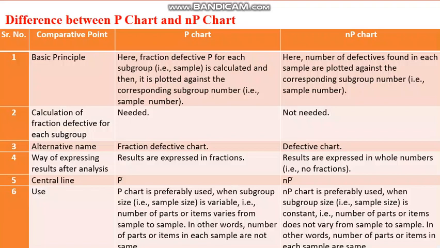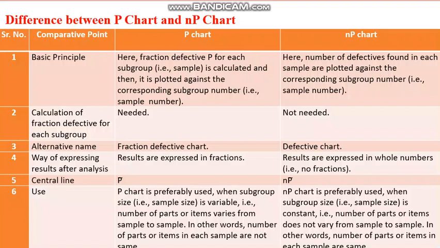Now let us differentiate between these two, P chart and NP chart. What is the difference? The basic principle is, in P chart, fraction defective for each subgroup is used, whereas in NP chart the whole number of defectives found in each sample is used, and it is plotted against the corresponding subgroup number.